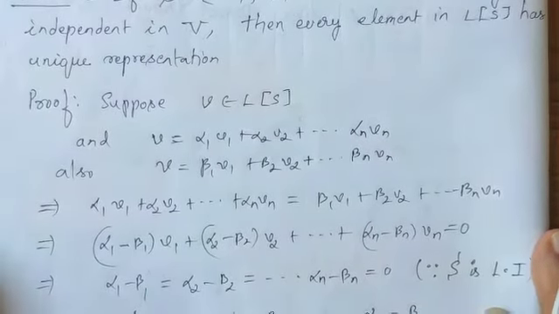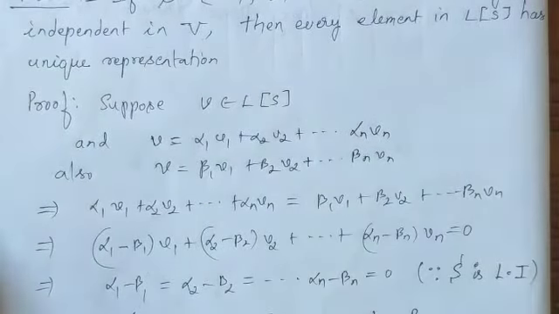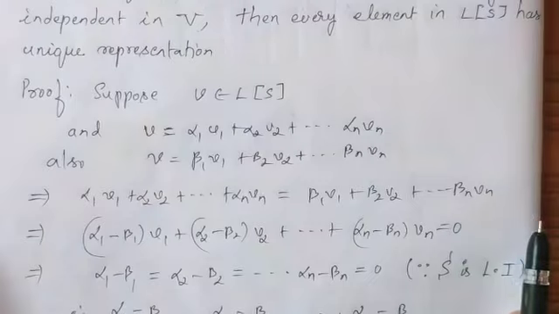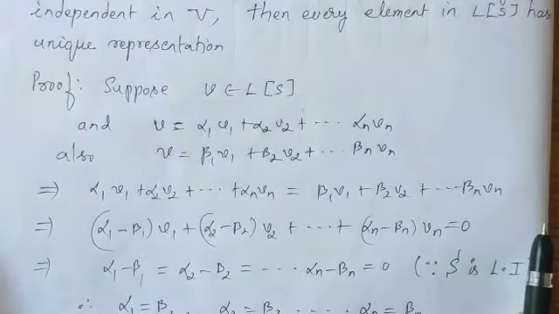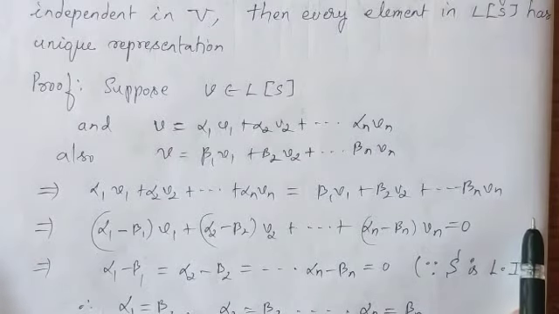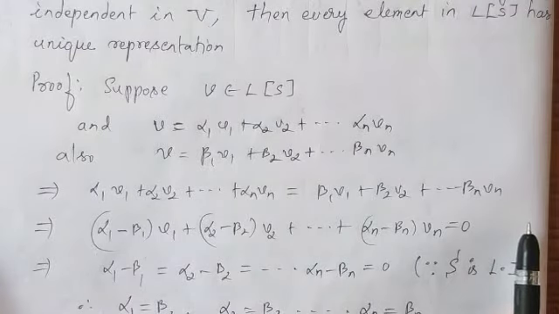Since both are V, we equate both equations: alpha 1 v1 plus etc. alpha n vn is equal to beta 1 v1 plus etc. beta n vn. Now if we shift the right hand side to the left hand side and take v1, v2, etc. vn common, we can write the system as (alpha 1 minus beta 1) into v1 plus (alpha 2 minus beta 2) into v2, etc. plus (alpha n minus beta n) into vn.